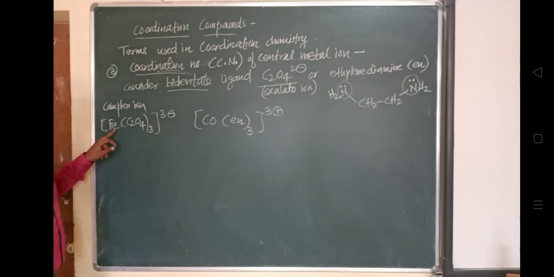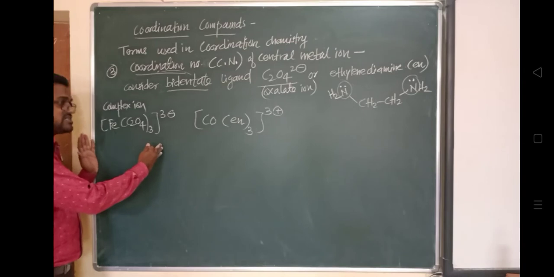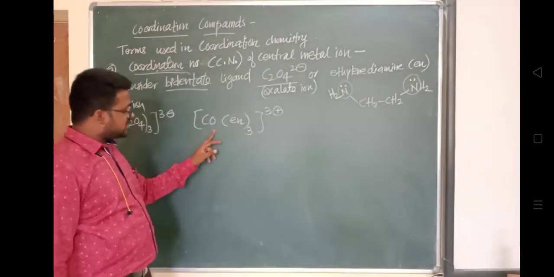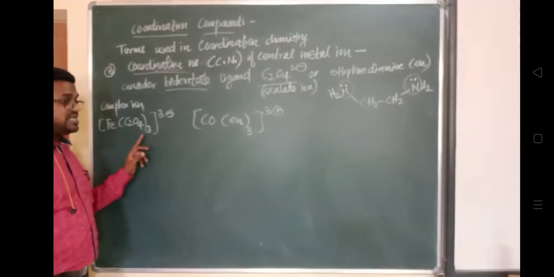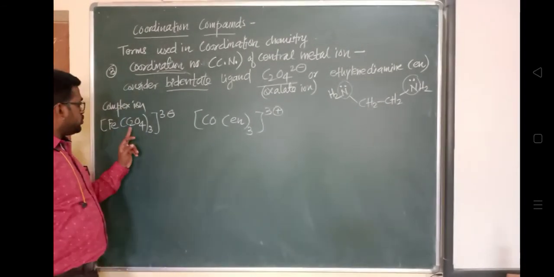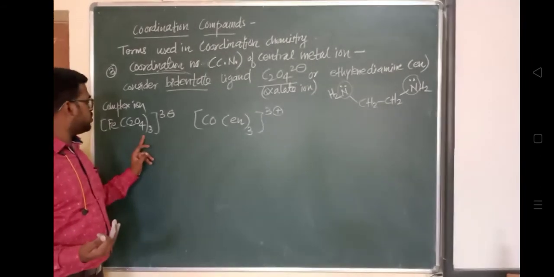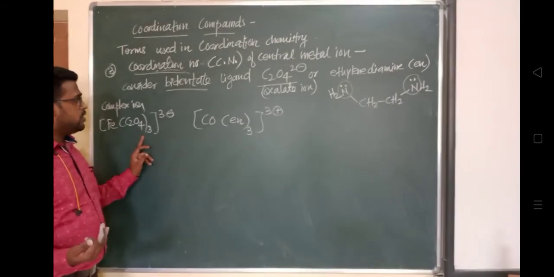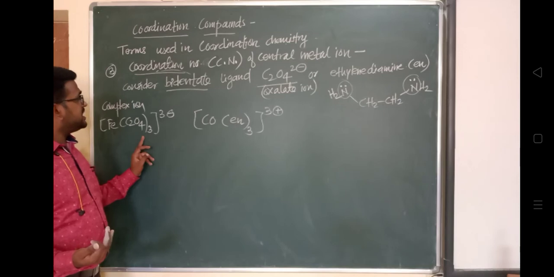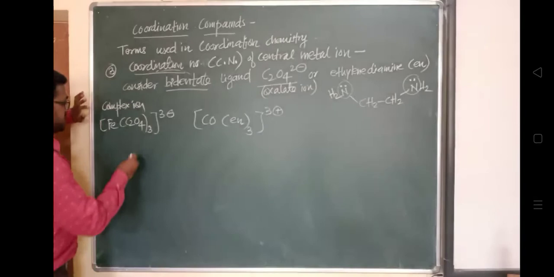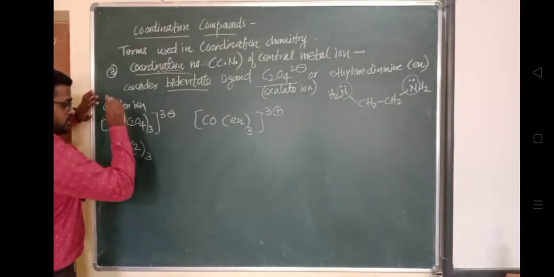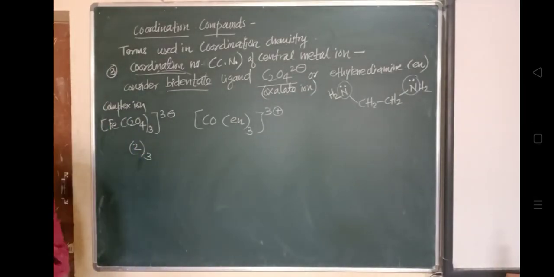In the same way, ethylene diamine is a bidentate ligand, and there are 3 molecules of it. So 3 multiplied by 2 gives 6. This 6 represents the coordination number of cobalt.